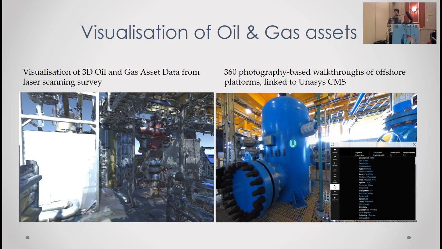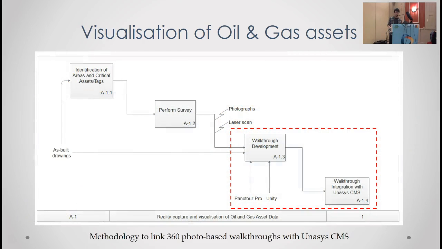Both of these can be linked to our asset management system. The overall workflow for both approaches starts with the identification of critical areas and tags, then follows the actual survey, and after that, what I'm focusing on in the paper, which is the development of the walkthrough and linking it to the asset management data.